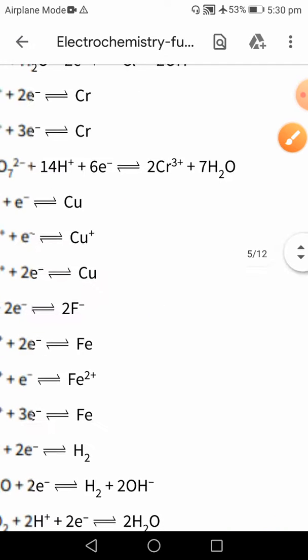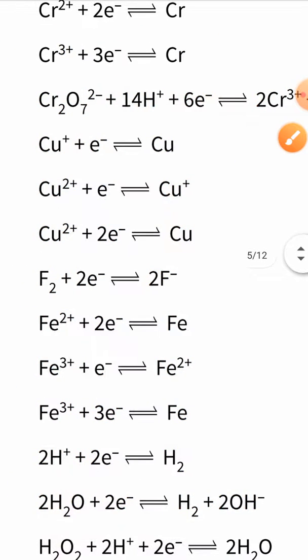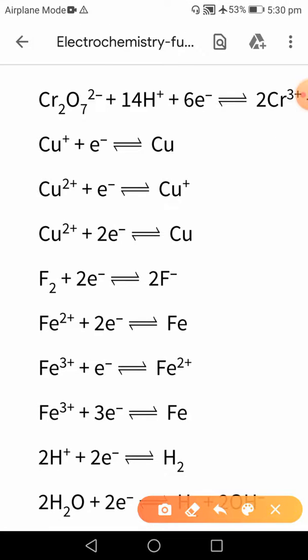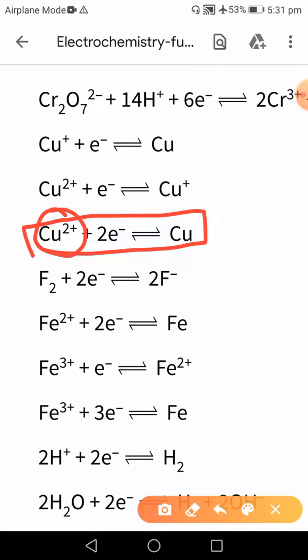For example, in case of this equation, this is an ion, so this is an aqueous solution and has a concentration, but this is a solid, so you will consider its concentration as 1.